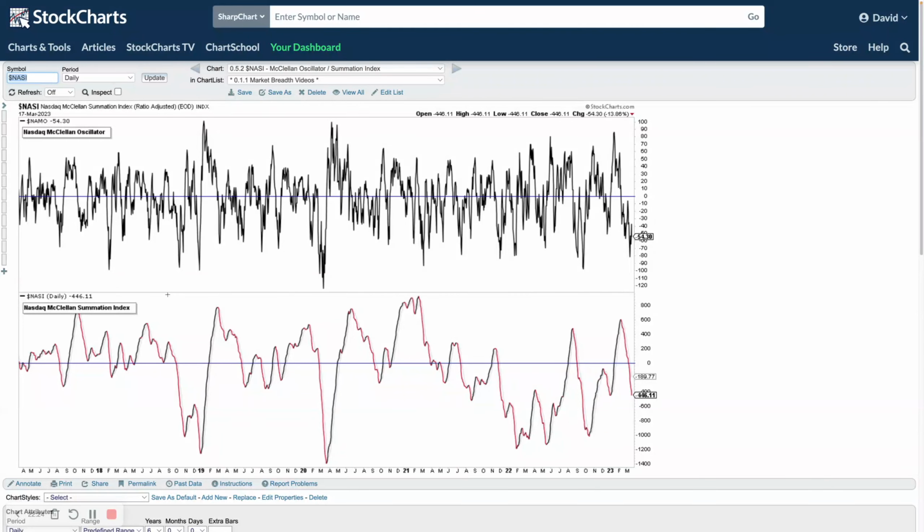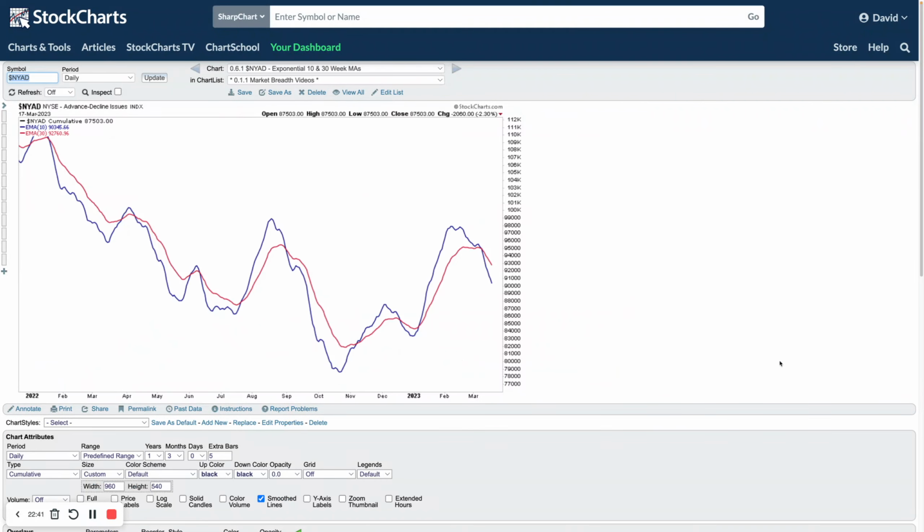On this, you can see there are multiple times where it's got worse in just the last 6 years. So although it got to an extreme this week and rebounded, it could quite easily get to a lower level, and the summation index remains on a negative signal below the zero line.